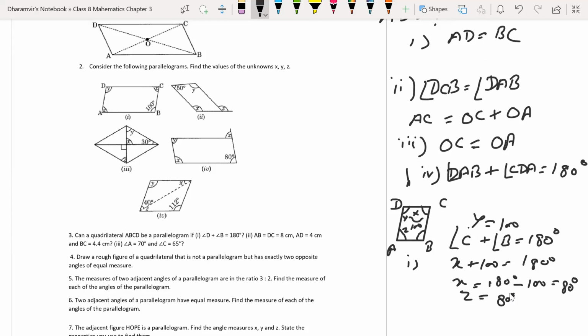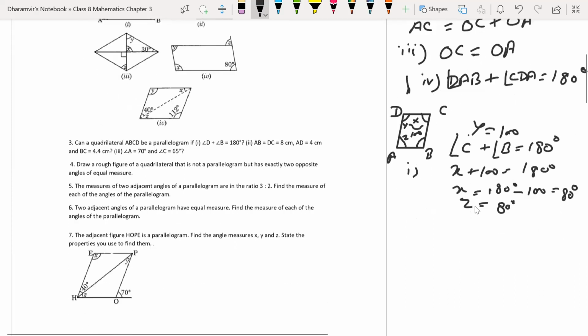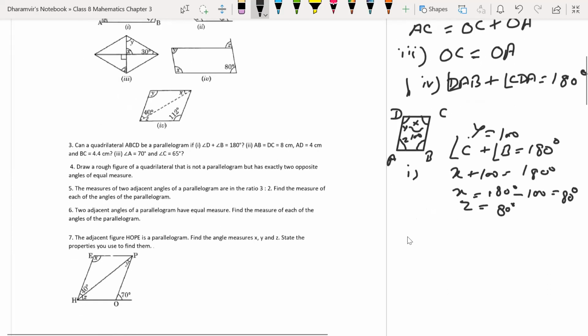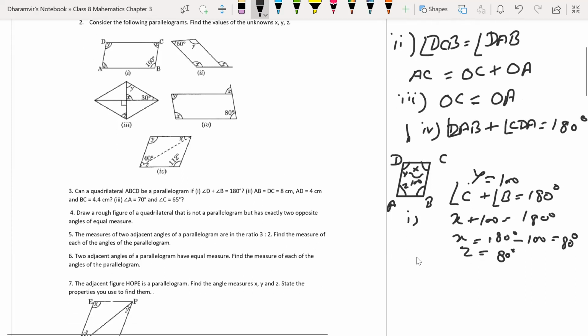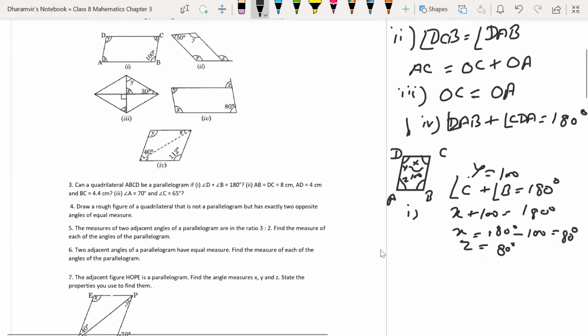So here the answer for the parallelogram is x is 80, z is 80, y is 100. This is the answer. Okay.